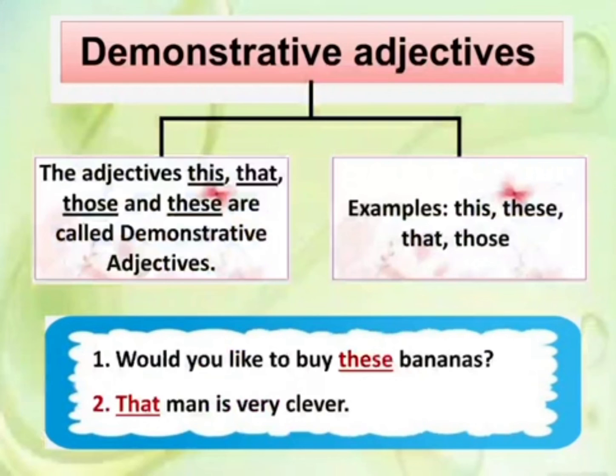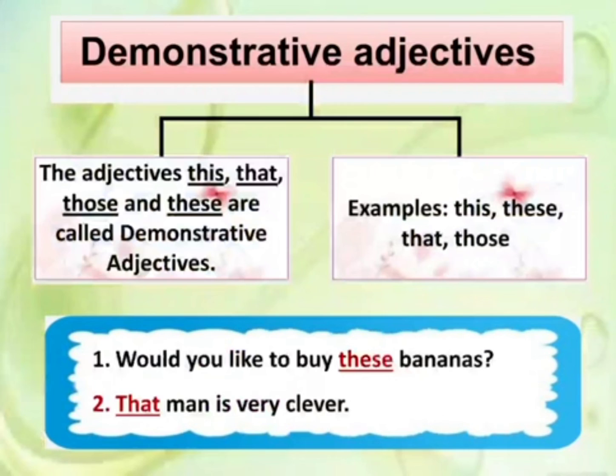So this is used when we are talking about a singular thing and that thing is near to us. That is used when we are talking about a singular thing and that thing is far from us. These is used when we are talking about plural things and they are near to us. And those is used when we are talking about plural things and they are far from us.